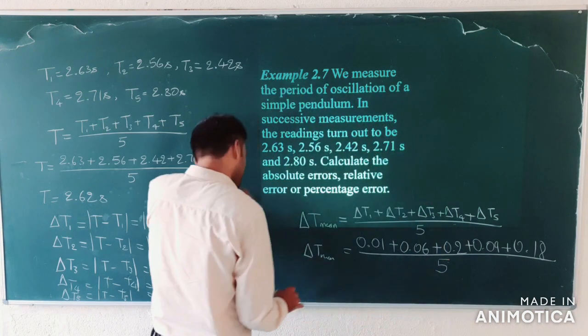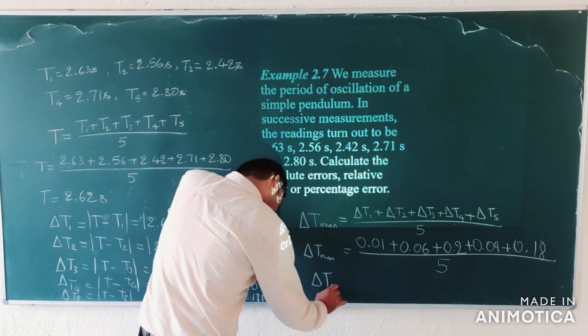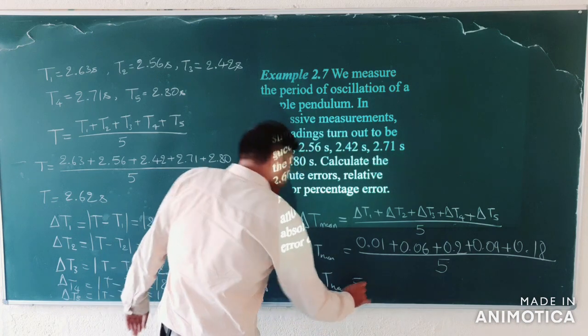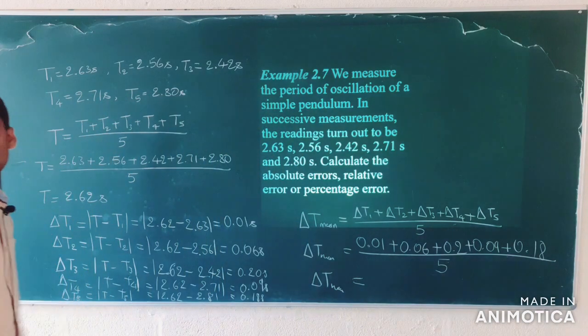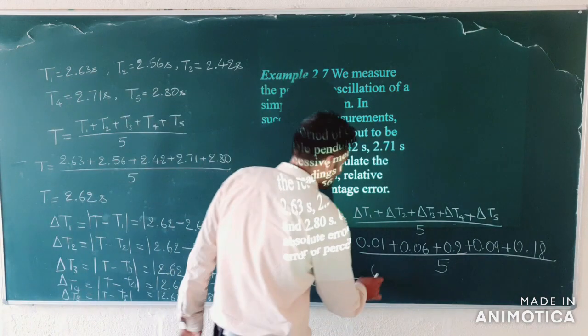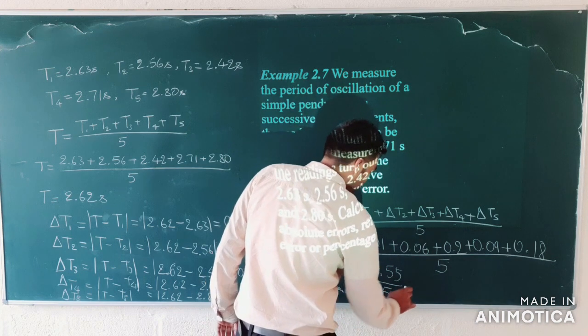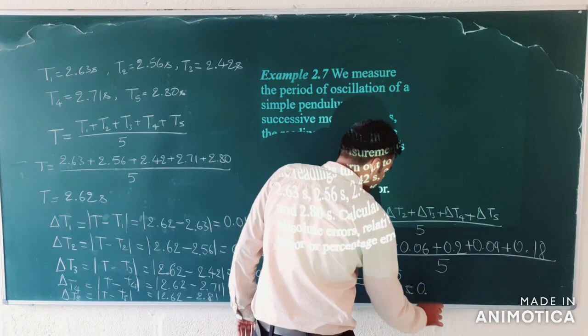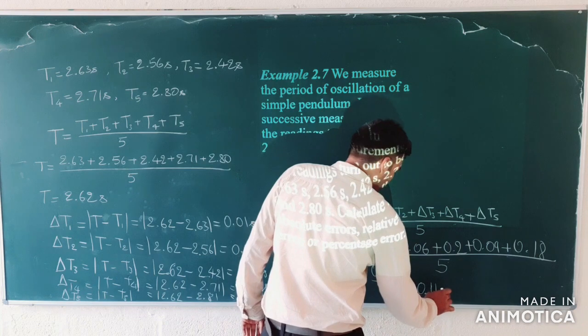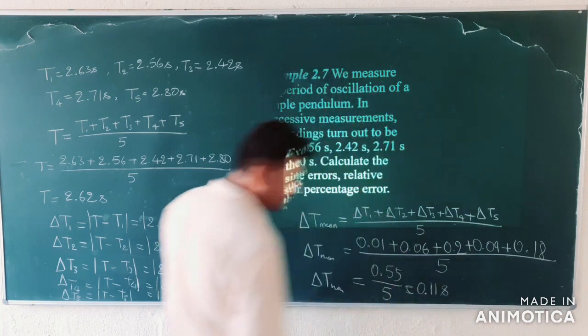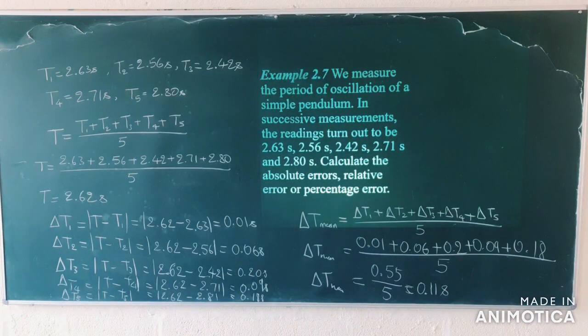This is delta T mean, which is the mean absolute error. Now make use of a calculator and get the value of delta T mean, which is going to be 0.11 second. The sum is 0.55, divided by 5, which is 0.11 second. So this is the absolute error.